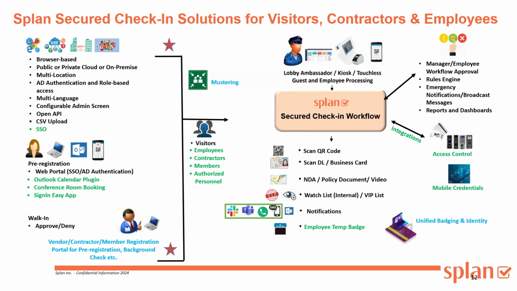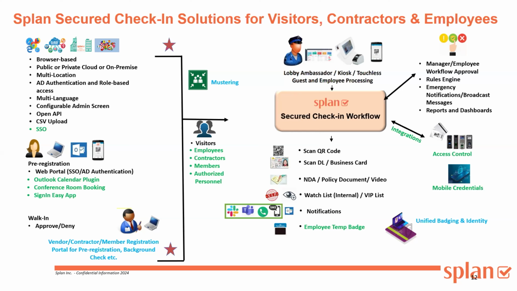We integrate with access control and mobile credentialing. So we have the ability to give temp badges, not only for employees, but for contractors and or visitors if they're authorized. And some of the big things that I want to talk about on this page that really point to NERC CIP compliance is what we call unified badging, better known as PIAM.